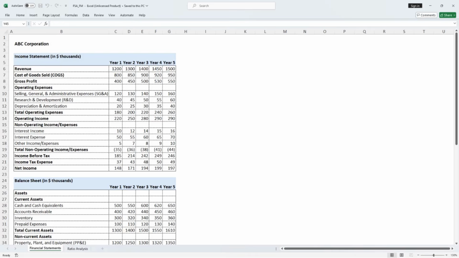Over here, our Excel file comprises two sheets. The first sheet, titled Financial Statements, contains detailed financial statements over a 5-year period.